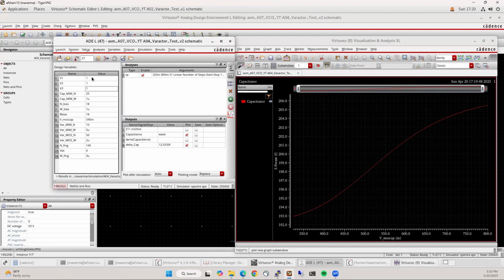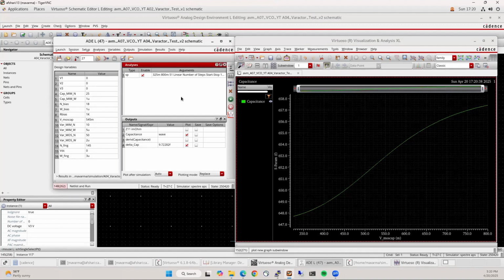So when these are ones, since it's an inverter, the output would be 0, right? So when these are 1, the capacitances are off. So you should get the lowest value. That's that. And let's increase them. So we keep all of them on now. And it goes up to 600, right?